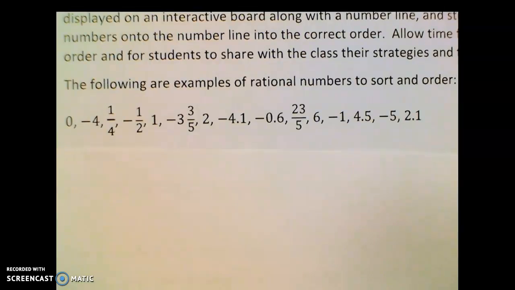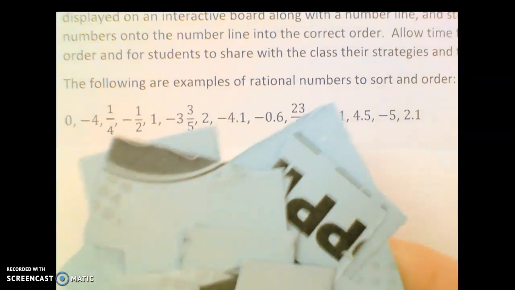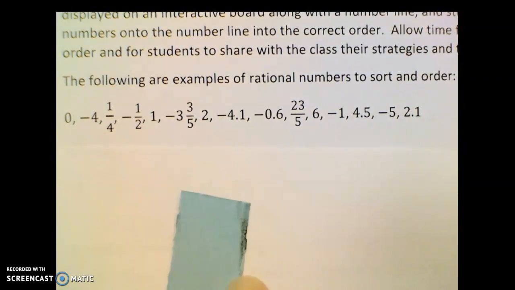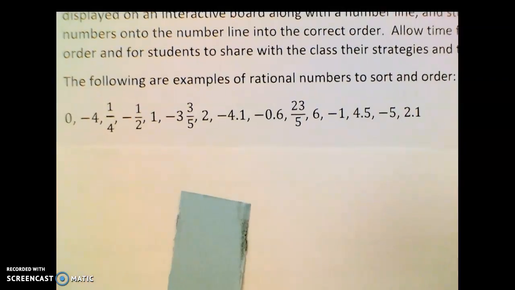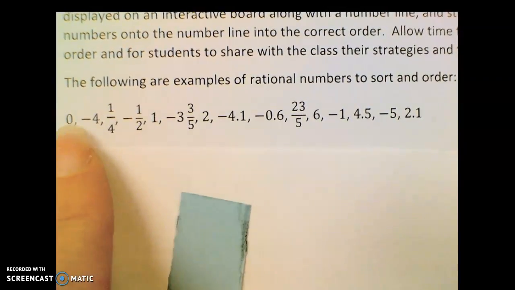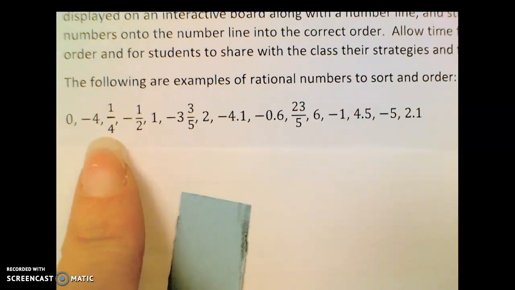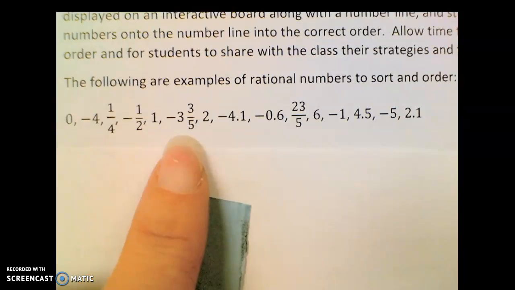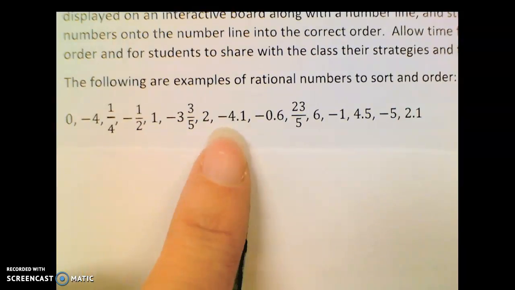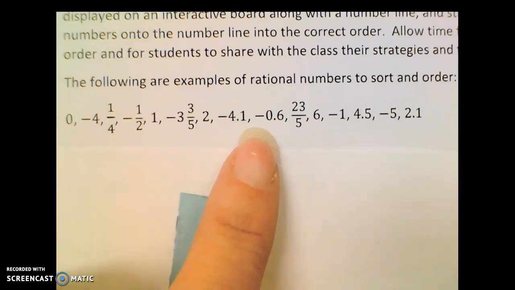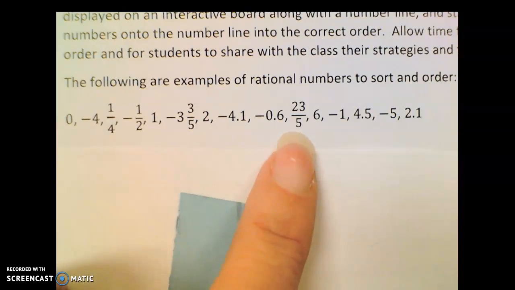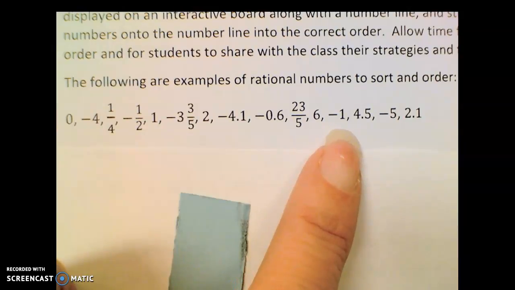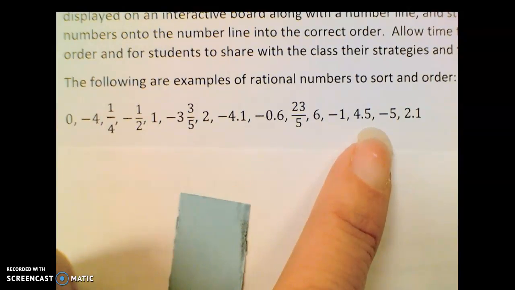And then on each one of them, you're going to write one of these numbers: 0, -4, 1/4, -1/2, 1, -3 3/5, 2, -4.1, -0.6, 23/5, 6, -1, 4.5, -5, 2.1.